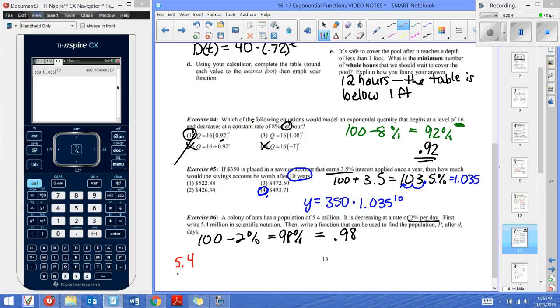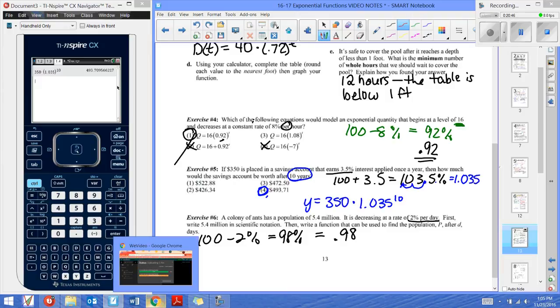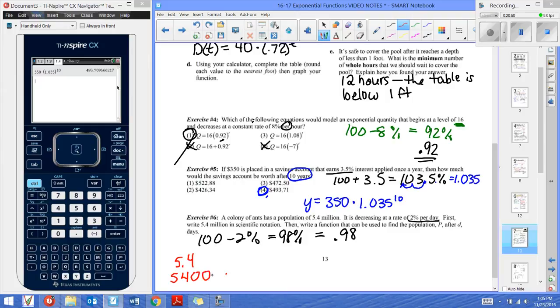If we write this as 5.4 million, we'll have 5, 4, followed by 2 more zeros, and then, of course, 3 more zeros. So this is 5,400,000. If I write this as scientific notation, we can see that our decimal place was moved 1, 2, 3, 4, 5, 6 spaces to the right. So 5.4 times 10 to the 6th.